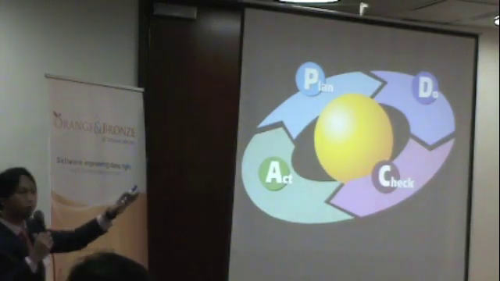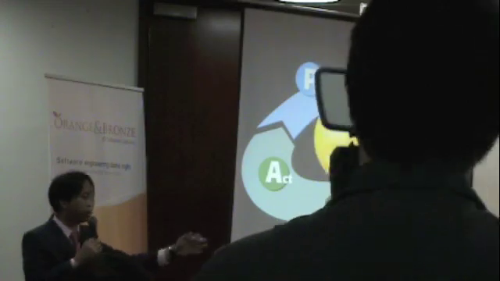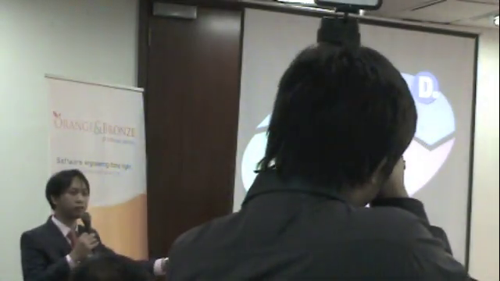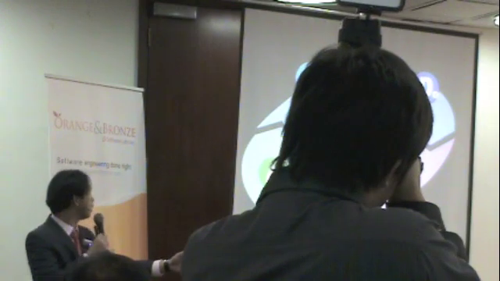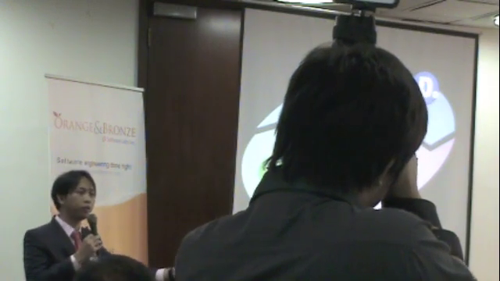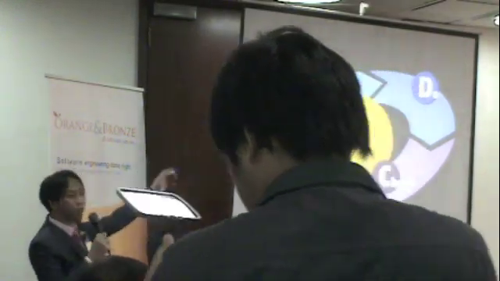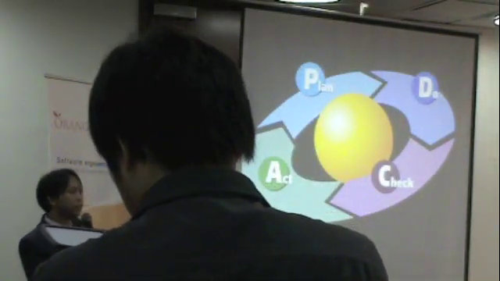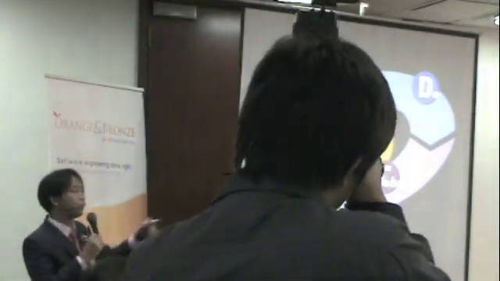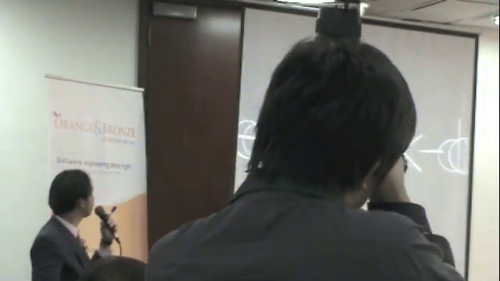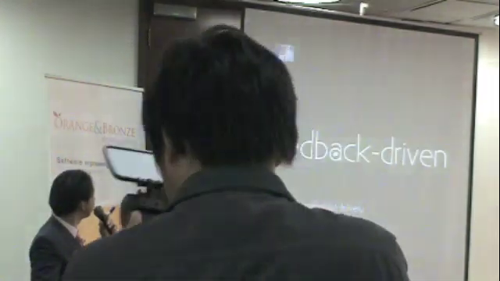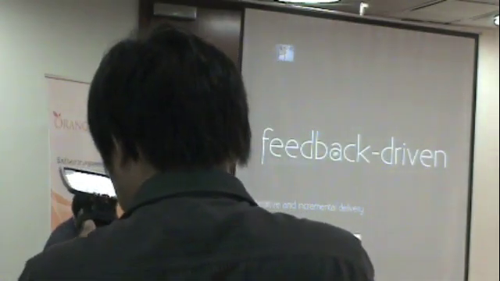You plan, lightweight plan, we do it, we check whether it's doing what we assumed, and then we act, meaning we improve on it, and then proceed again to planning. So it's an iterative process of collecting empirical data, which is not in the slide. Okay.